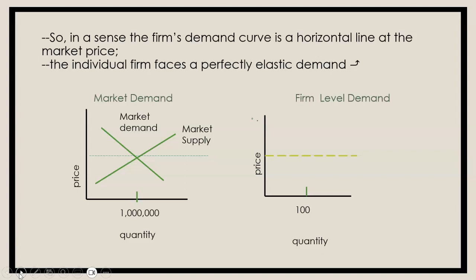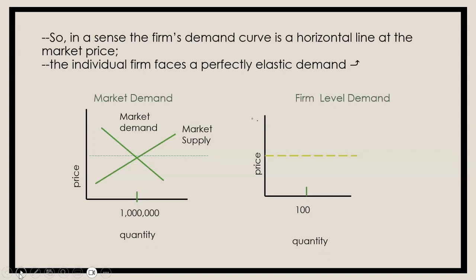Over on the right is the curve that an individual producer in this market sees when they look out their front door at what's happening. There's this market price, and that's the only price. They produce about 100 units, so they're small with respect to the rest of the market, and they just have to accept that market price that's set by the intersection of the market supply and demand curve.